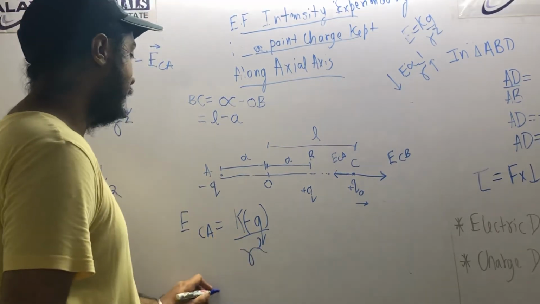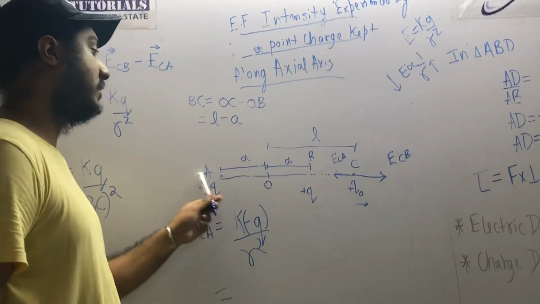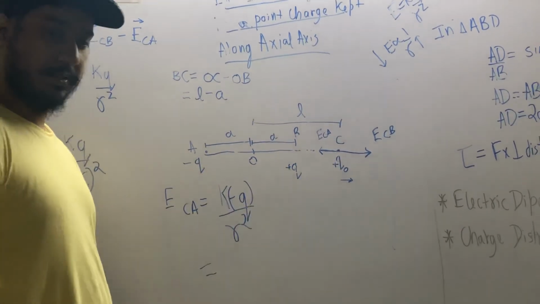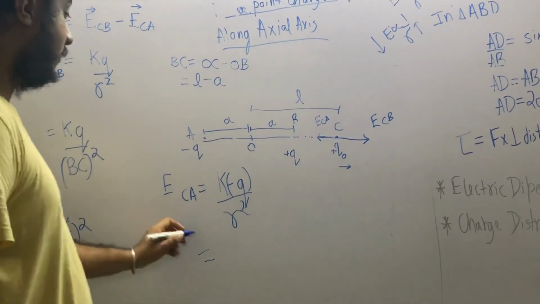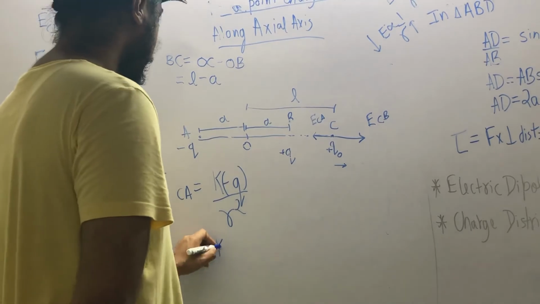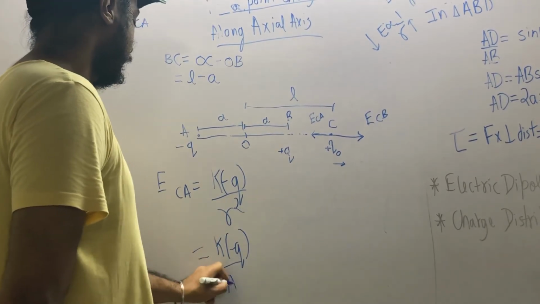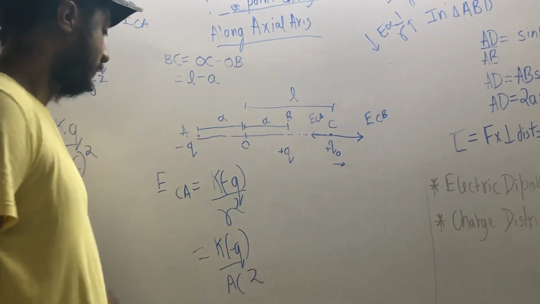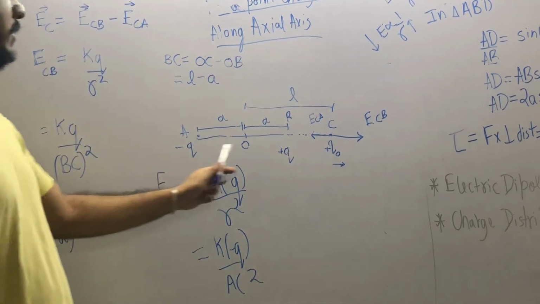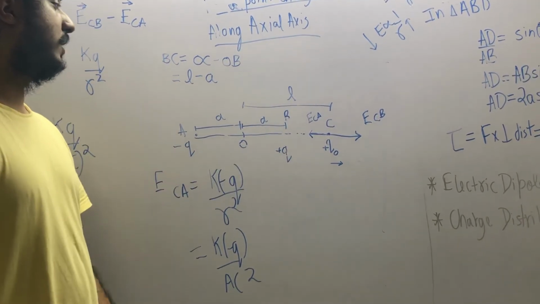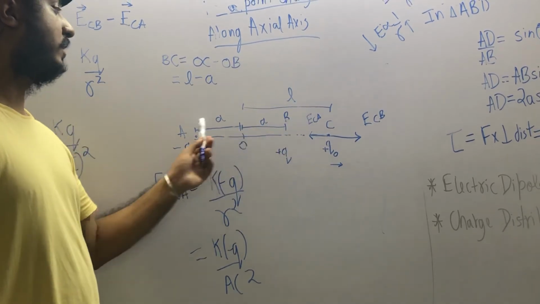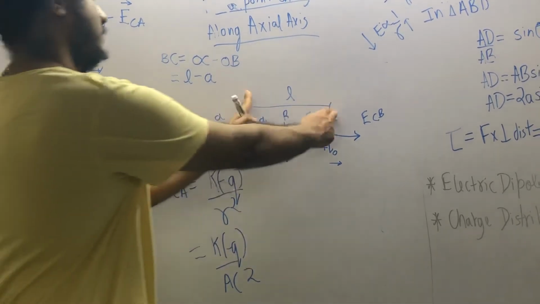Now in this case, what is the value of R? The value of R is AC. Okay, and what will be AC? You can see here AC. Now AC will be L plus A, this plus this.